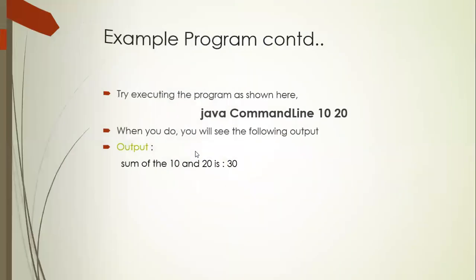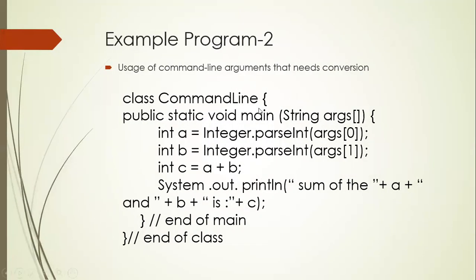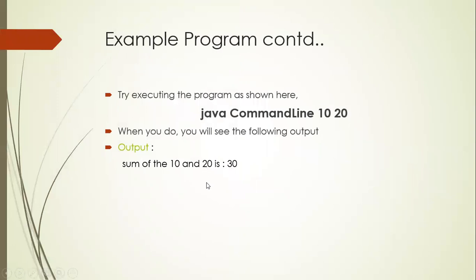Then how will I pass? Try to execute the program as shown here. java CommandLine 10 space 20. This 10 space 20 are taken as input as strings. Now here we are converting them again into integers, then only we can use them. So the output becomes 30.